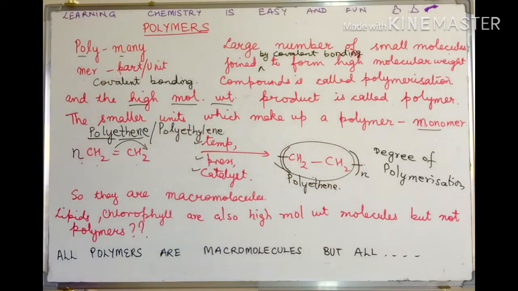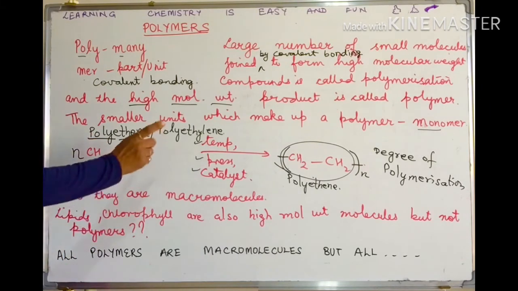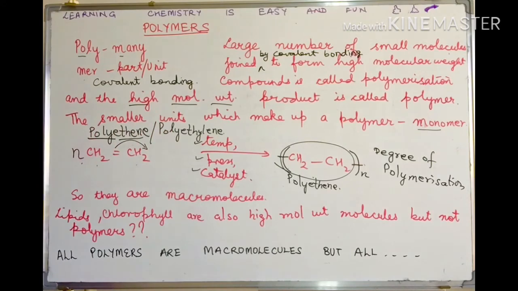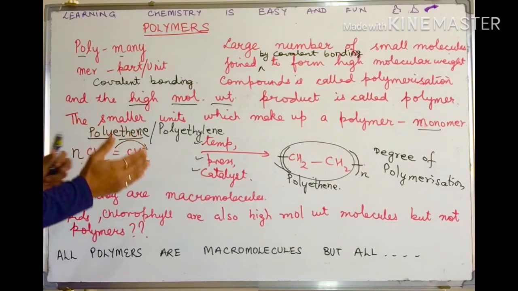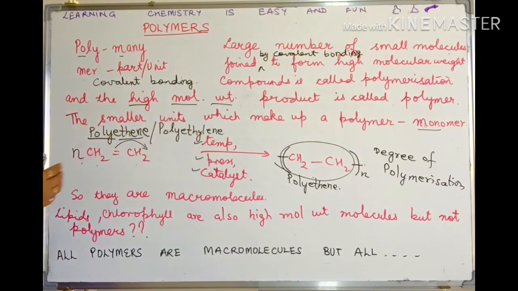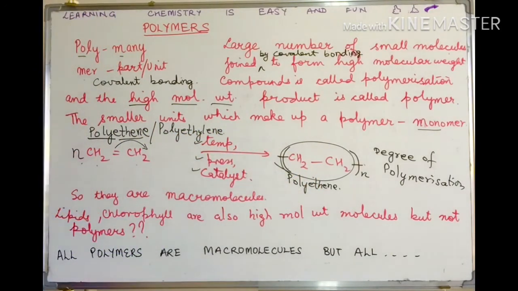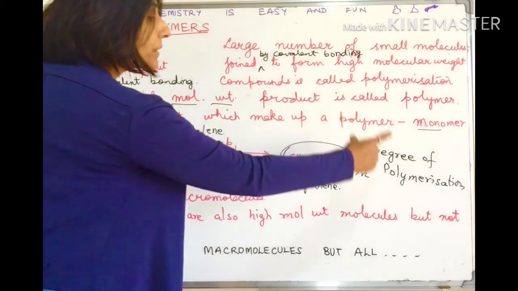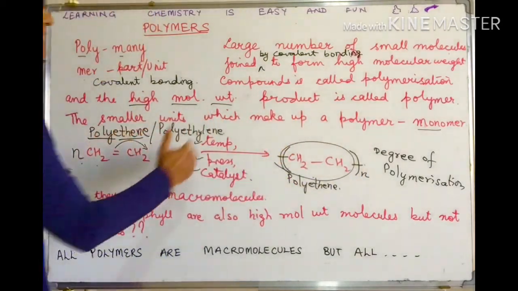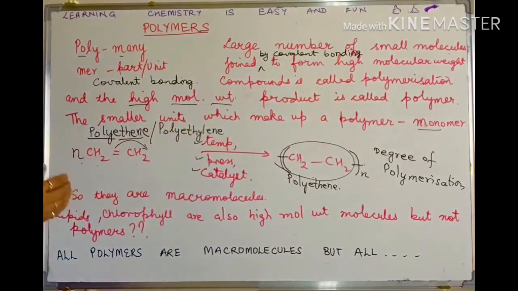There are molecules like lipids, chlorophyll, etc., which do have a high molecular weight, but the repeating unit is not the same. Like in the case of polymers, it's the same unit, the monomer, which is repeated again and again in order to give you that single product.